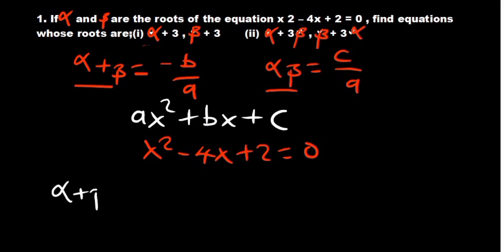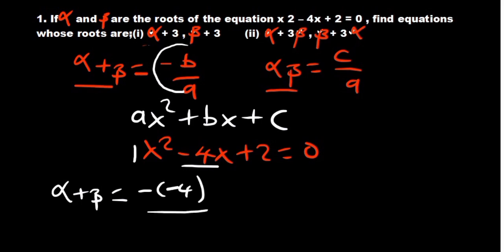Alpha plus beta is negative b over a. In this case, our b is negative 4, so negative of negative 4, divided by our a, which is 1. So alpha plus beta is 4. Then alpha multiplied by beta is c over a. Our c is 2, our a is 1, so we have a 2 there.